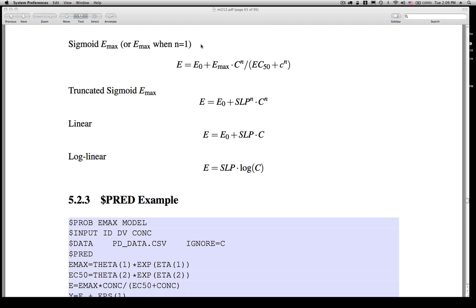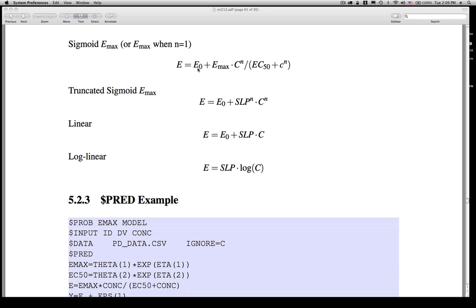And then all of these additional models are special cases here, where we might have a truncated sigmoid Emax model that has this sort of shape with the Hill coefficient, or a linear model, which again is truncated but assuming a Hill coefficient of 1, or maybe a log linear relationship, where in this model parameters are Emax and EC50 for the full sigmoid Emax.